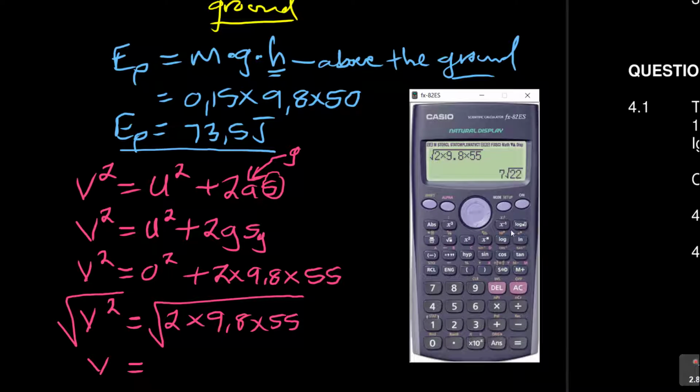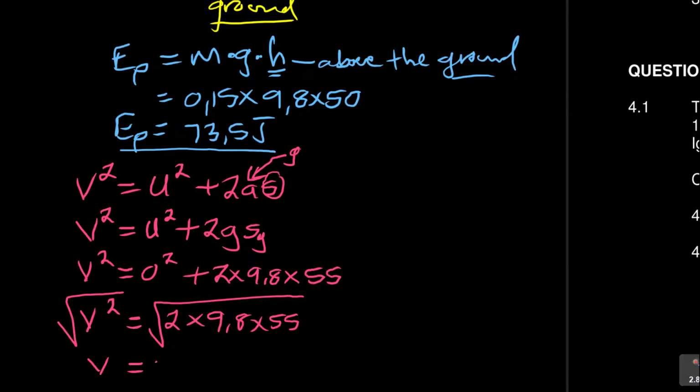Am I right? Then you do that, which is equal to 32.832. I want to leave my answer to 3 decimal places, which is 32.833, but I can do that quickly with the calculator. 3 decimal places, which is what? 32.833. So it's 32.833 what? Meters per second.